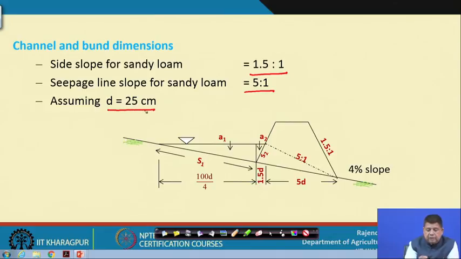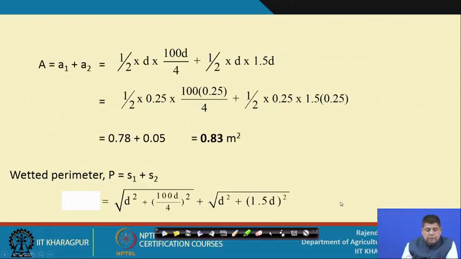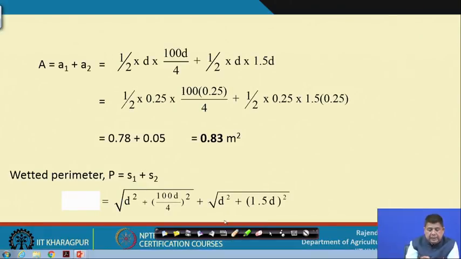We assume a depth of 25 centimeters, and like previously we have solved this problem, we can go ahead and get the cross section, etc. So, here the sum of two areas we will find out, which comes out to be 0.83.